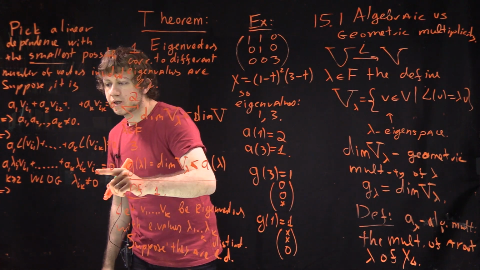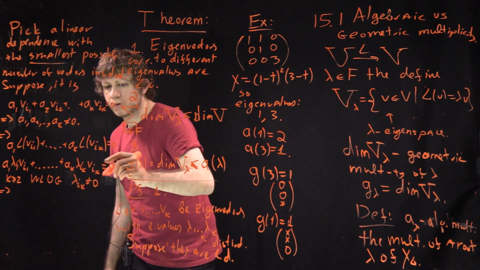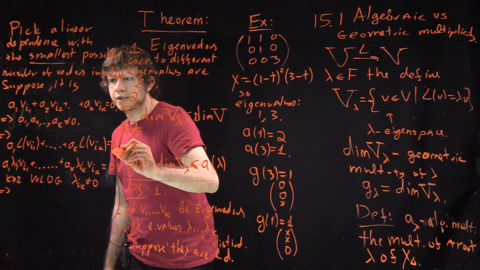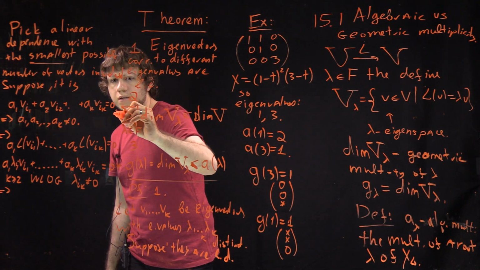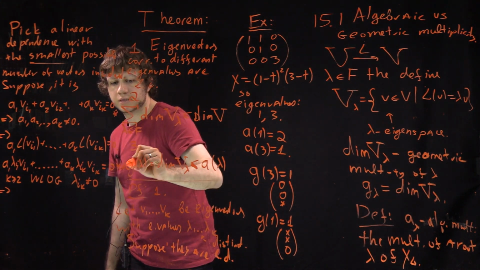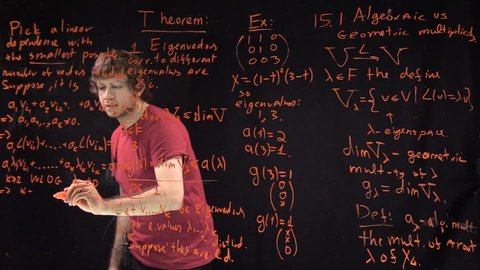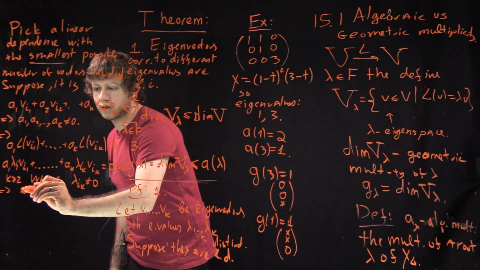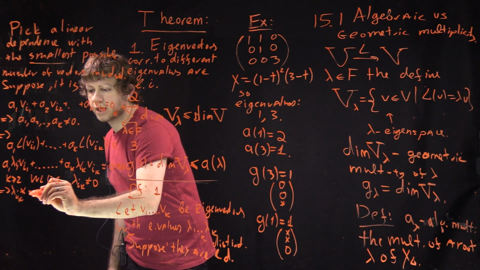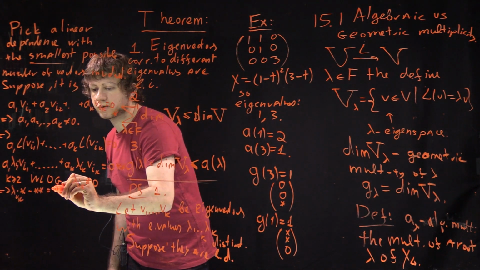So then we can take this linear combination and this linear combination. This is star star, and this is star. Then let's consider star times lambda_ik minus star star. That's also equal to 0.